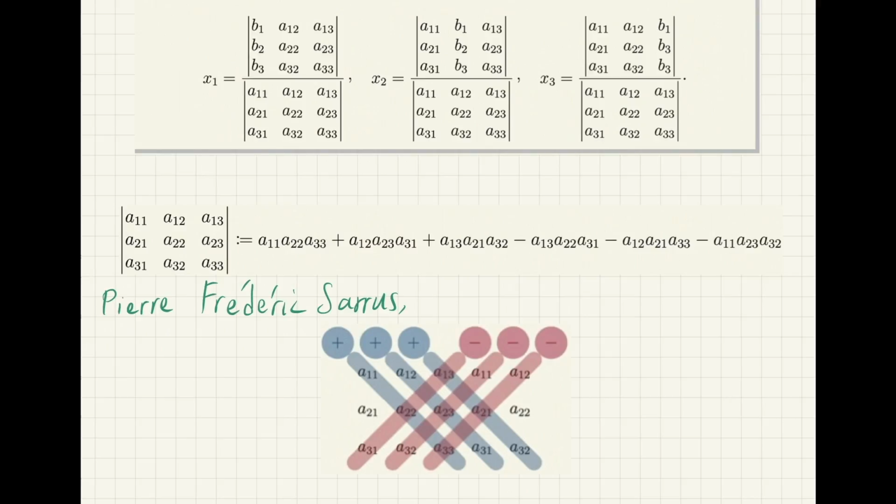Yes, so he's saying that if you want to calculate this determinant, it's hard to remember this. So this is a mnemonic rule that helps you to remember this a little bit complicated formula.